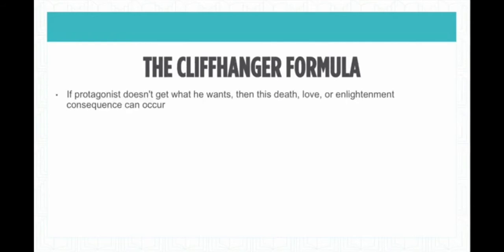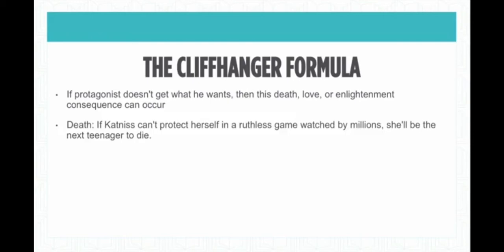So the formula for cliffhanger: if the protagonist doesn't get what he wants, and don't worry, there's going to be a nonfiction thing in a sec, then this death, love, or enlightenment consequence can occur or will occur. For instance, here's a death one. If Katniss can't protect herself in a ruthless game watched by millions, she'll be the next teenager to die.